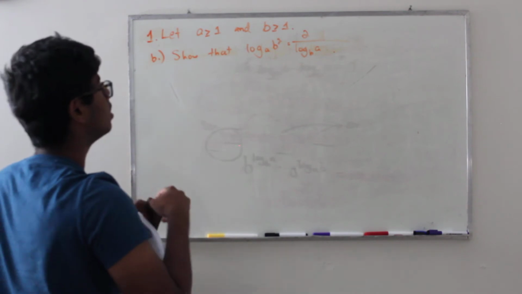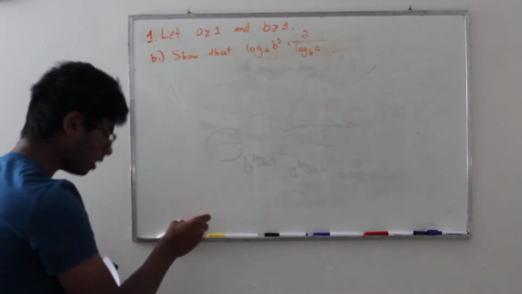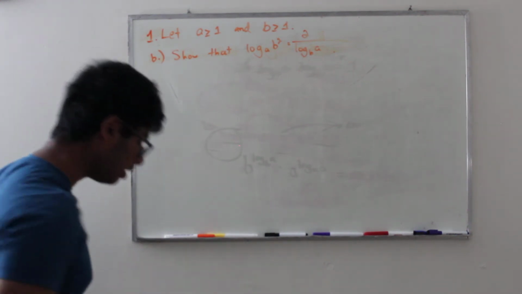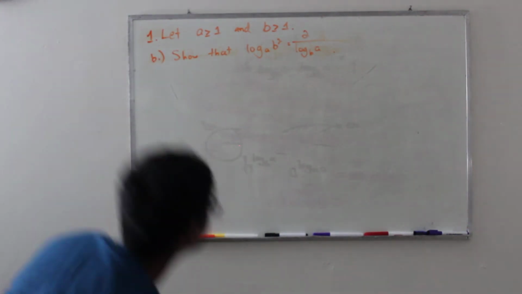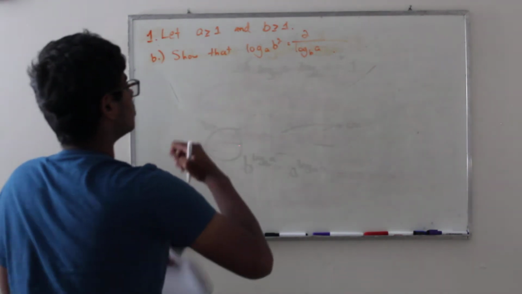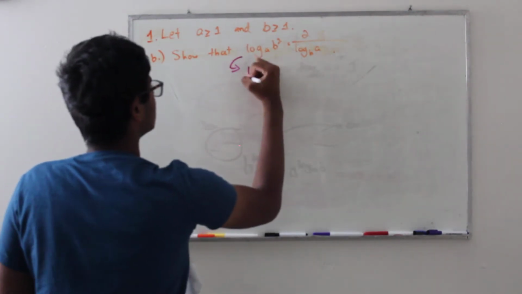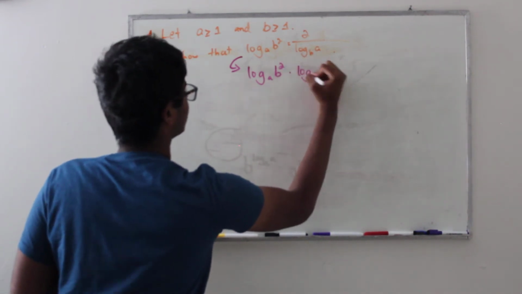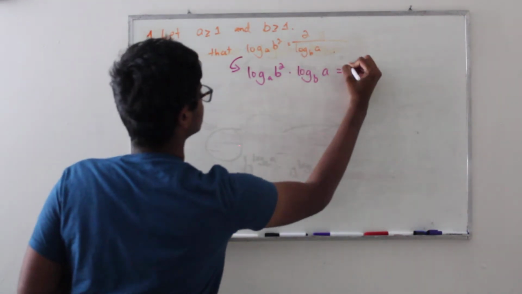Basically what we do here is very similar to the first one. We take everything to the power of the exponent AB. I'm going to simplify this a bit, so I'll move this multiplication over to the other side. We get log base A of B squared times log base B of A equals 2.